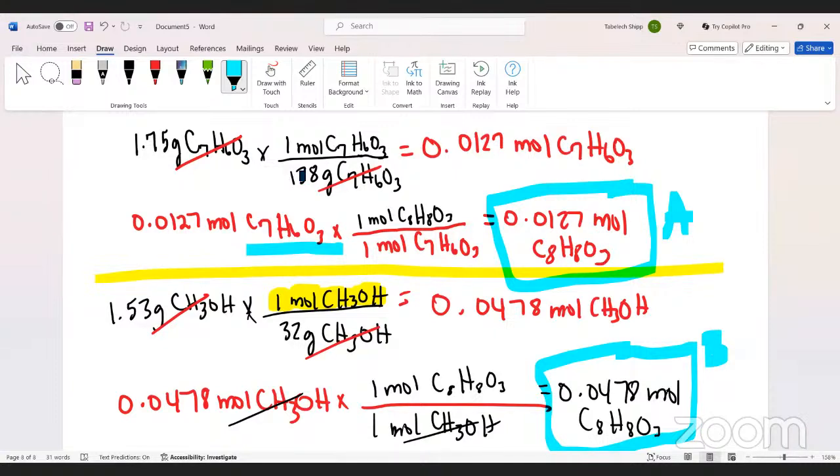Okay, yeah, so you didn't even need to use C8H8O3. You didn't even need to use that number. And so I see where you got the 152 from now, because you got the molar mass for that. So for those of you all that don't know, let me show you. 12 times 8 plus 8 again for your hydrogens plus 48 for your oxygens. And that's how she got 152.